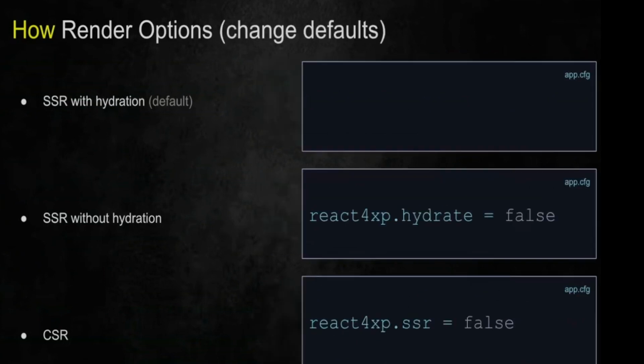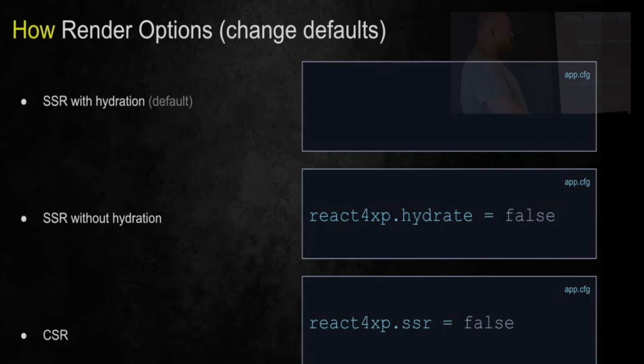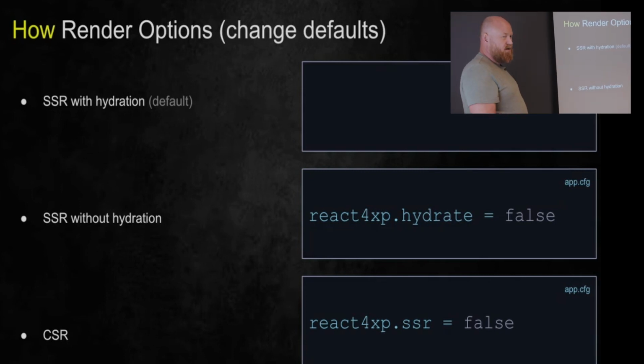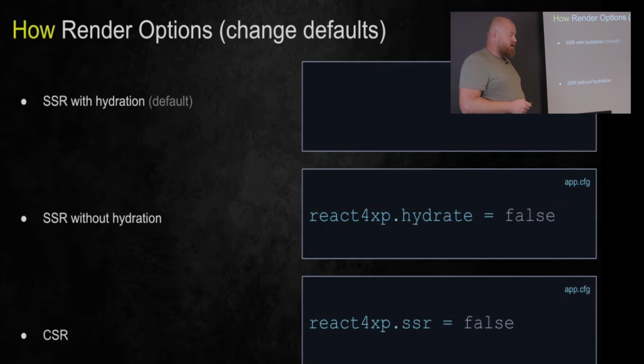You can also do it in application config. And now you do it for the entire application. So instead of saying this and this and this and this is of this type, now everything else is. So you change what is the default rendering. Okay, I want everything client-side rendered. So you do that in app config. Now everything is client.